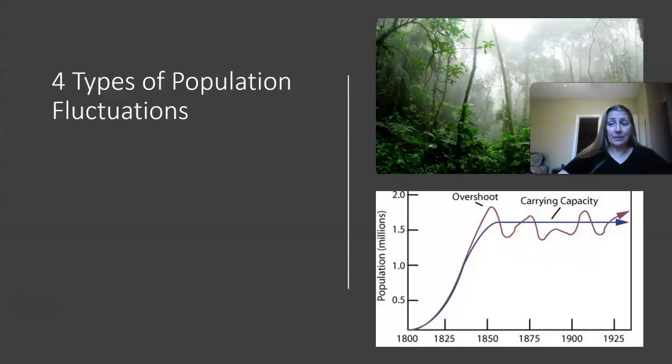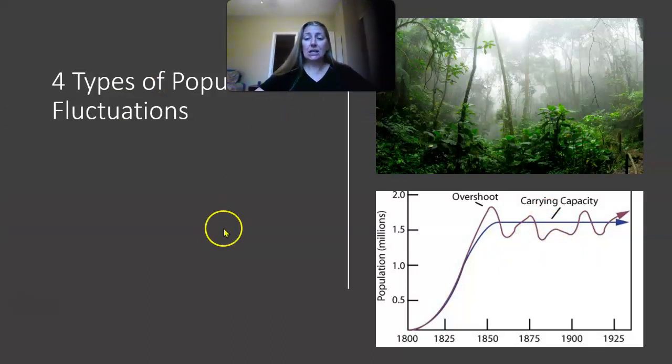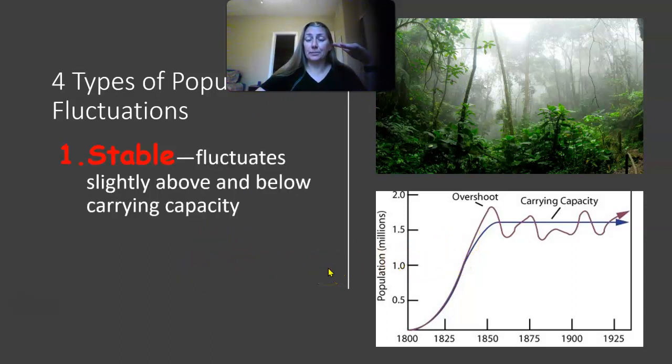So speaking of populations that are fluctuating, you should be familiar with 4 basic types of patterns here. The first one is stability, or a stable population. I know looking at the graph, you see some overshoot and some die-off, but it is relatively stable. If you were to draw a best fit trend line in there, it's relatively a stable population.